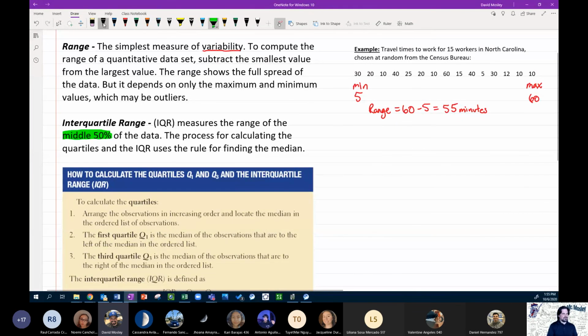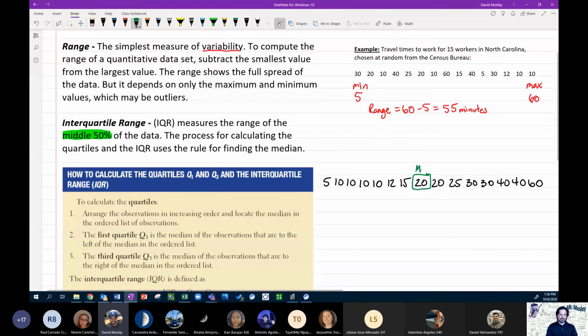So let's quickly look down our data. All right, so we have already determined that this is our median.